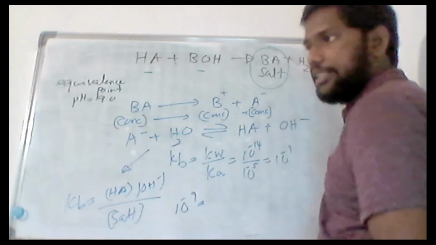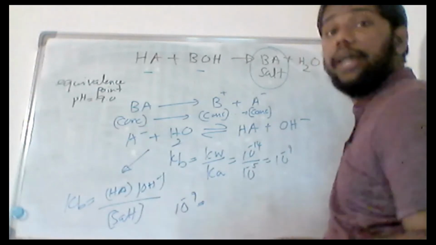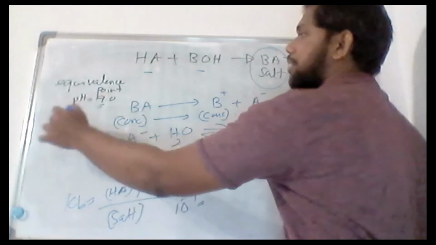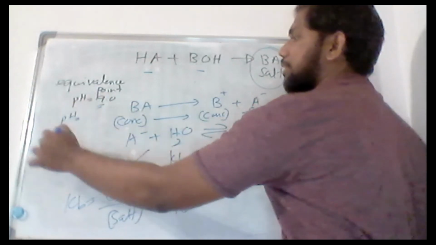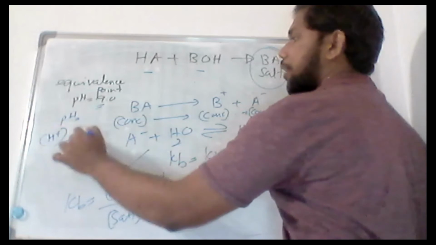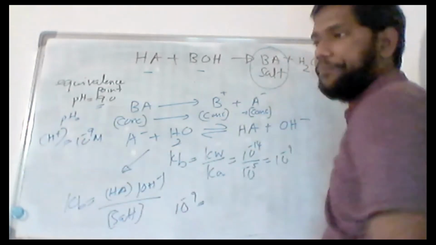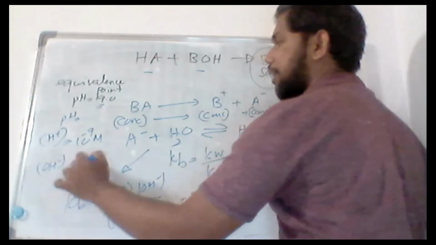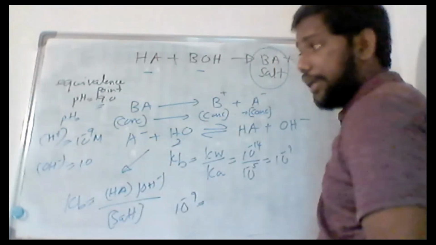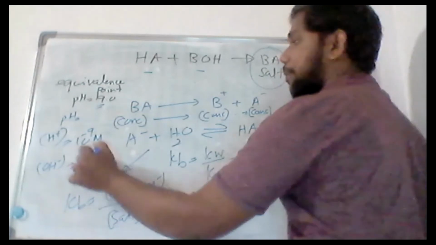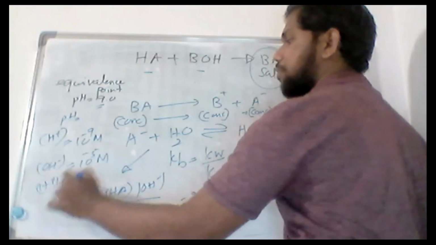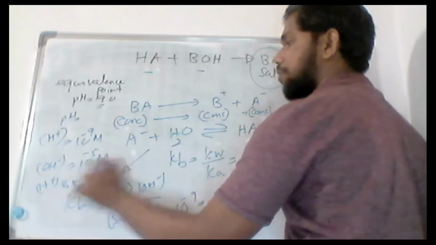HA and OH minus concentration you can calculate like the previous method because they have given pH is 9. So pH is 9 means your H+ concentration is 10 to the power minus 9 M. So your OH minus concentration, using the Kw value, you can calculate as 10 to the power minus 5 M, because H+ times OH minus is 10 to the power minus 14.